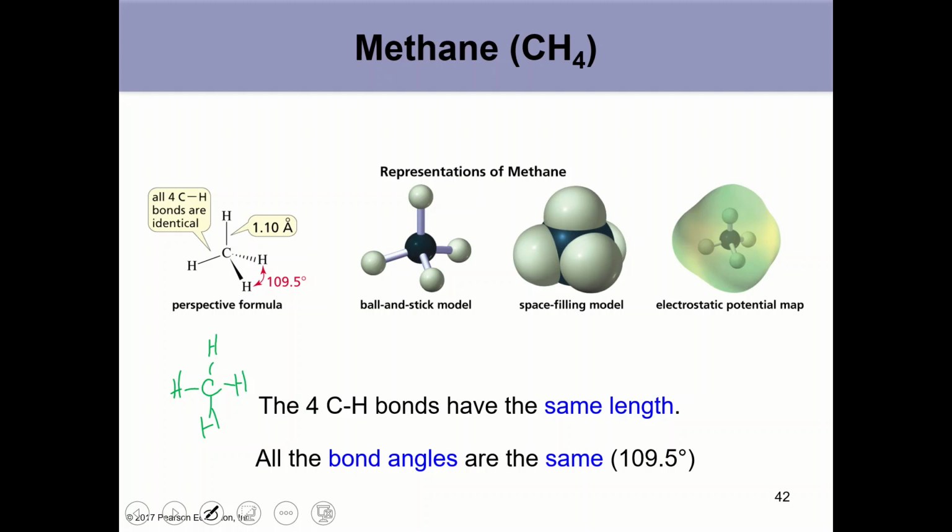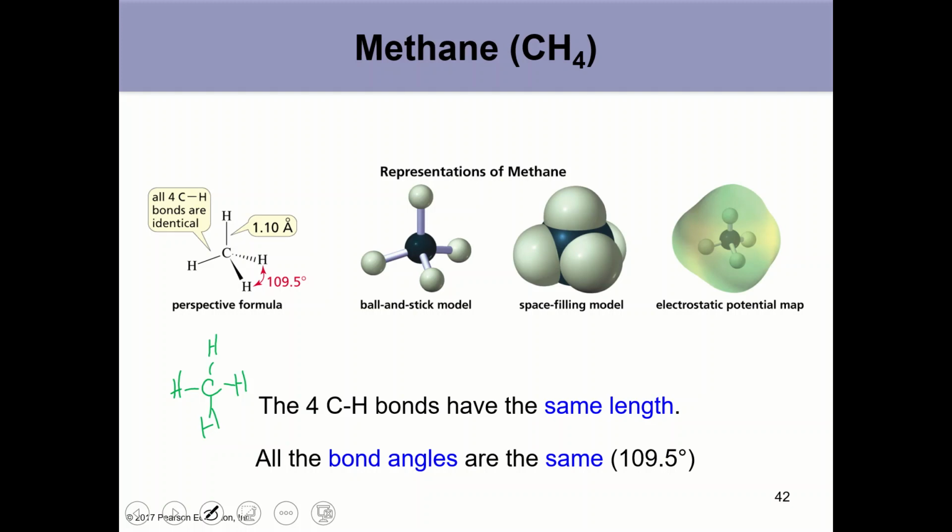But that's not the reality, and that's something that you learned in Gen Chem. What we actually get is that carbon in methane has what we call tetrahedral geometry. It's going to have bond angles of 109.5, and its electron domain geometry is tetrahedral as well.